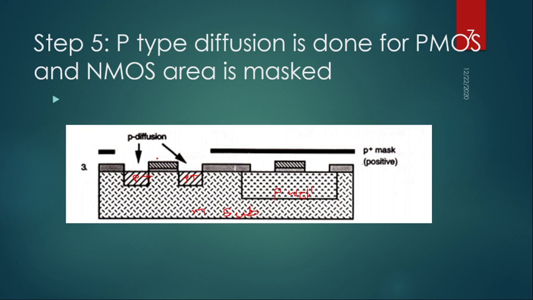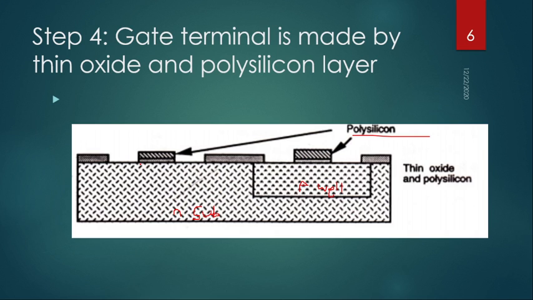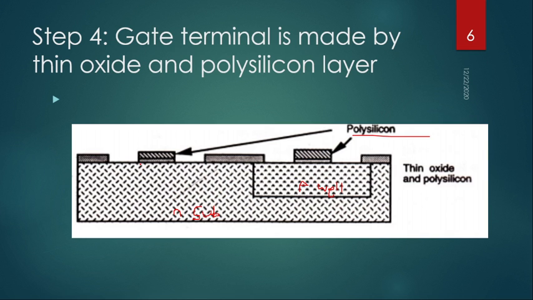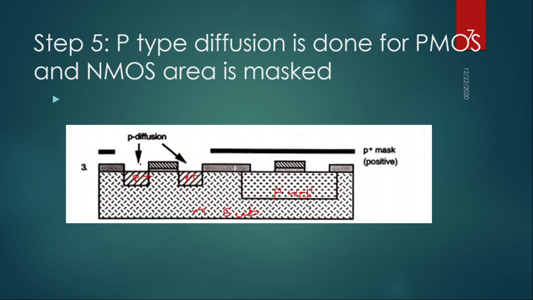Then later on, P-type diffusion is done for PMOS, and the NMOS area is masked. Till now the source, gate and drain regions of both NMOS and PMOS are defined. Once they are defined, the impurities have to be doped.